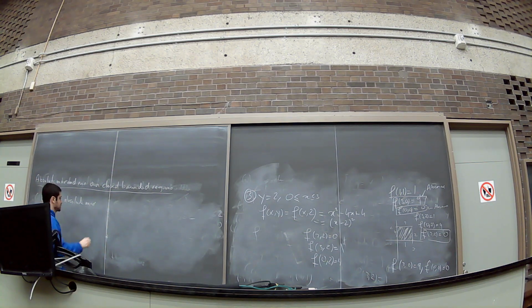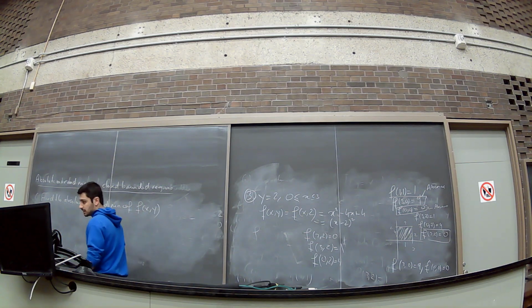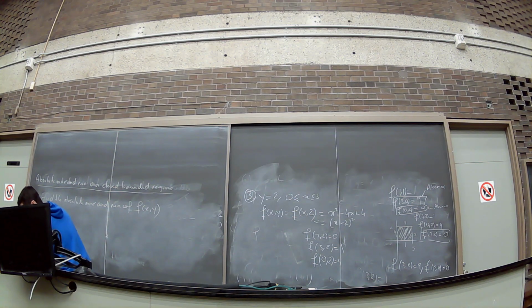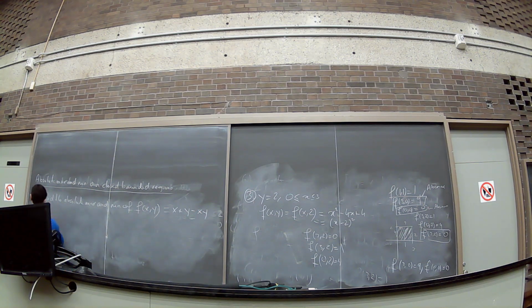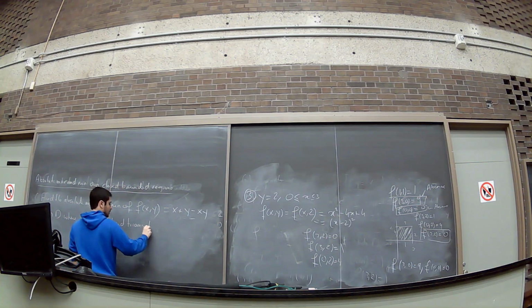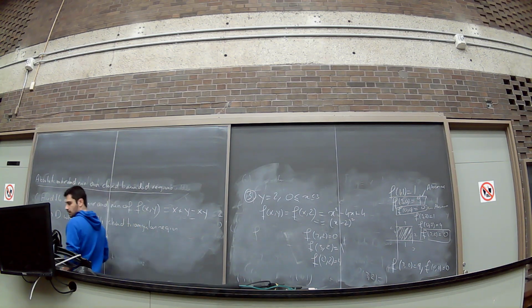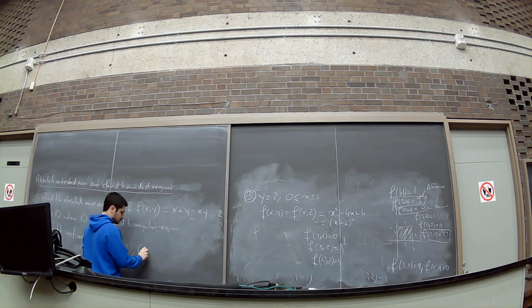Okay, find the absolute extrema. Let's see what I have: f(x, y) = x + y - xy on D, where D is a closed triangular region with vertices (0, 0), (0, 2), and (4, 0).